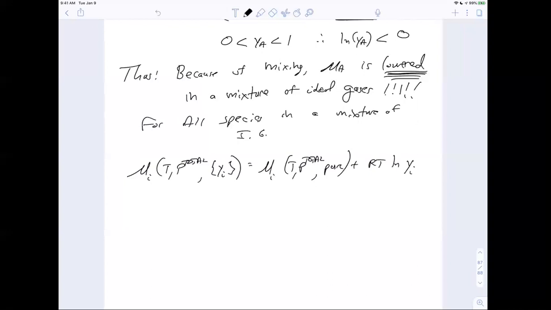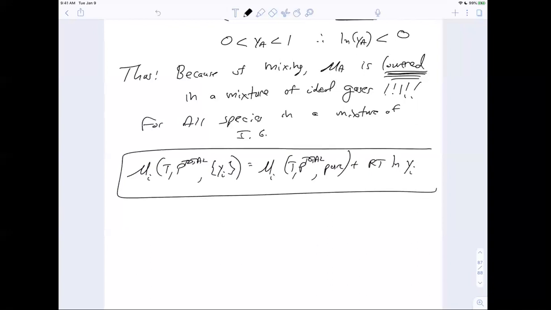Any questions on that? That's a profound result, because when we mix things, the chemical potentials of all of the species relative to their pure state are going to be lowered.